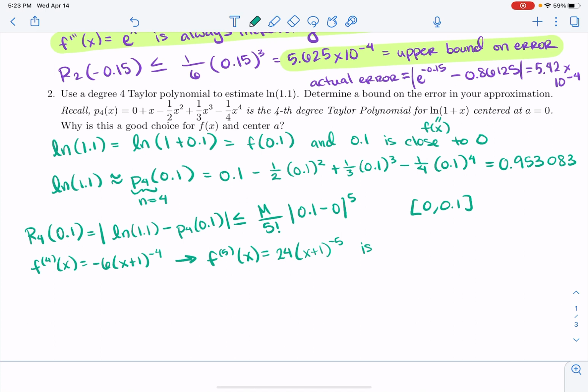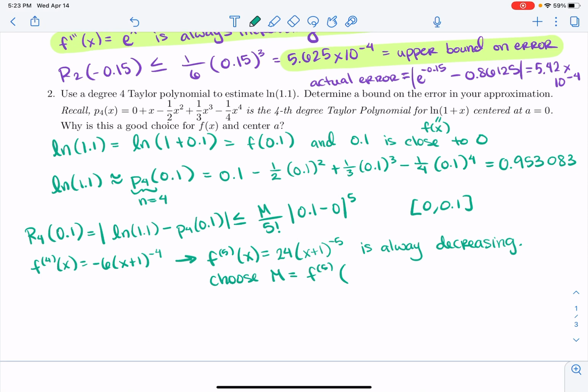So this is always decreasing. So that means we choose m is equal to the 5th derivative of x evaluated at the lower end.